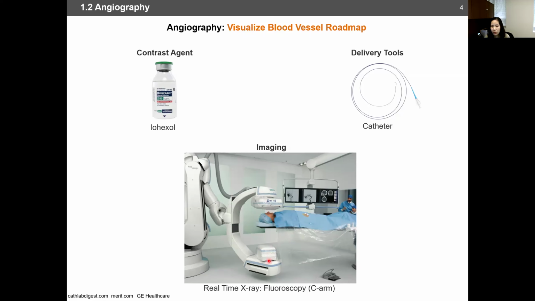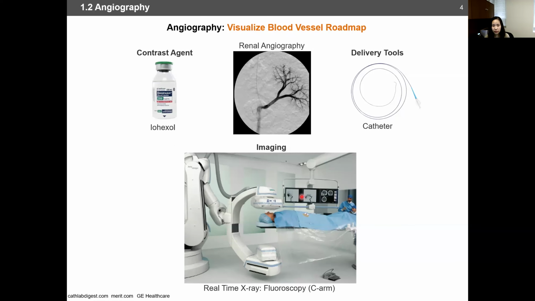And the X-ray is really coming from these two nodes that can move up and down, left and right, either robotically or by human. So the goal is by injecting this iohexol, which is a contrast agent, through this catheter, it will really light up this vasculature so that we would be able to see whether these targeted blood vessels are patent or not.